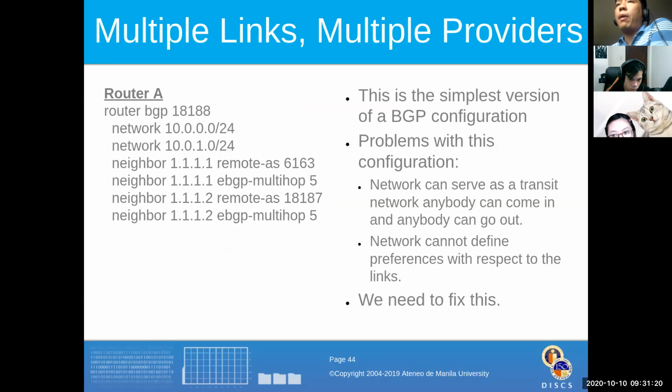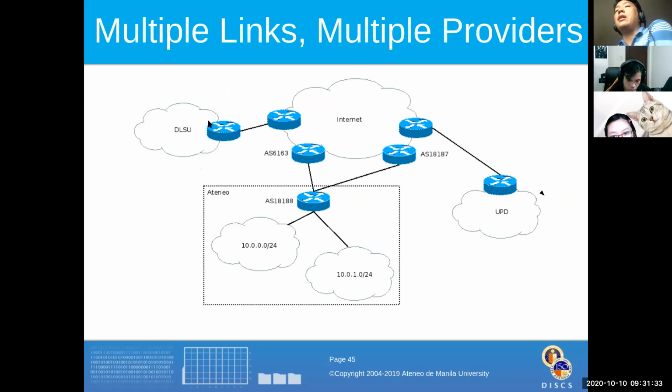This will actually work, but there are problems with this configuration. Number one, the network can transit, meaning traffic from Moscom can go to Wi-Fi City, and traffic from Wi-Fi City can go to Moscom, because we allow traffic in all directions. That's why we have to set a policy, right? So, for example, in this particular case, if LaSalle and Ateneo are on the internet, and UP as well, what we want is traffic can go this direction or that direction.